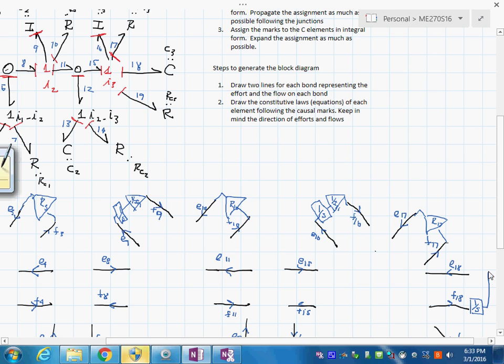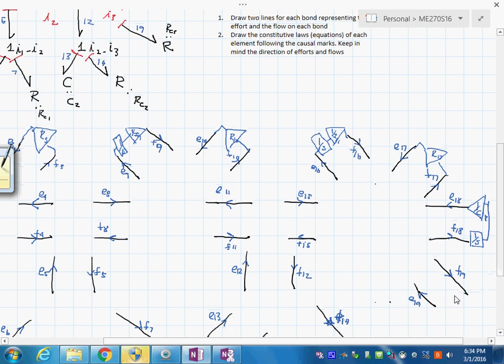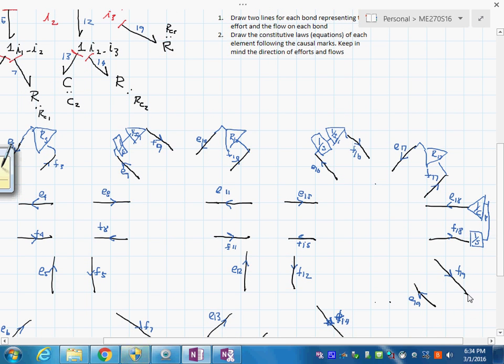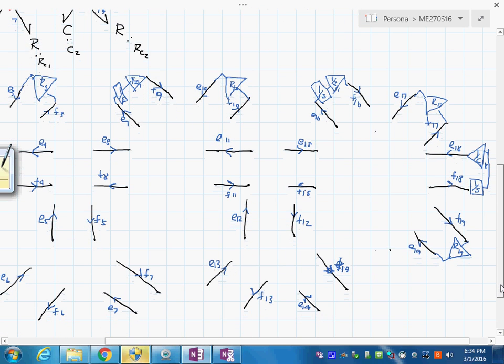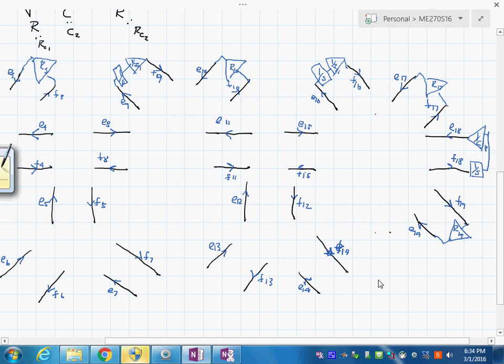And then we have just 2 more to go, and then we have to do the junctions. So this is the procedure. In here you have the one for the C sub 6. You can see that this comes in here, gets integrated by 1 over s, and then gets multiplied by 1 over C6, and then comes out like that.